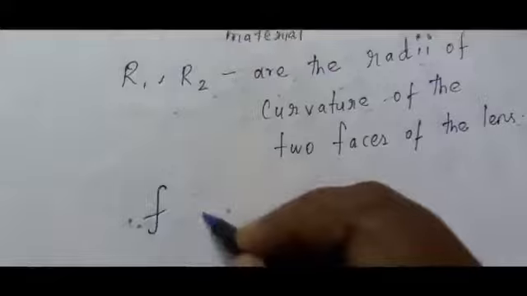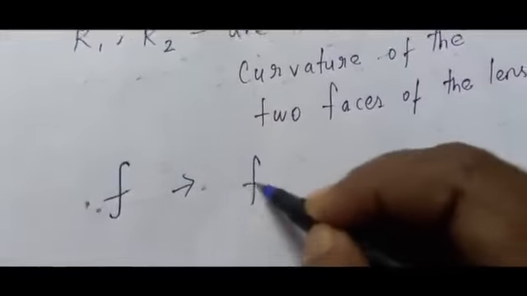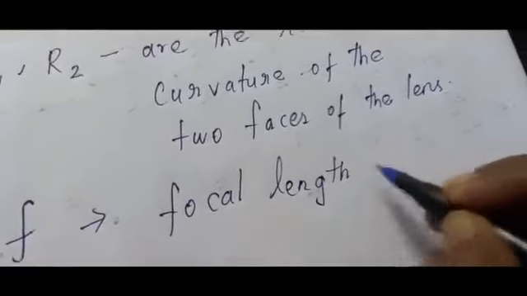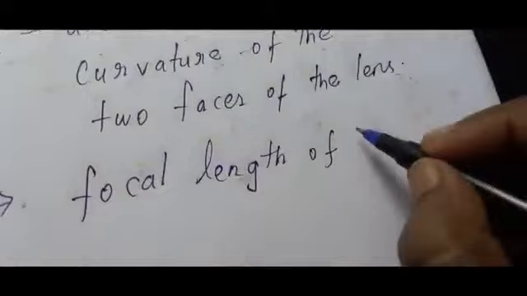And then f is the focal length of the lens.